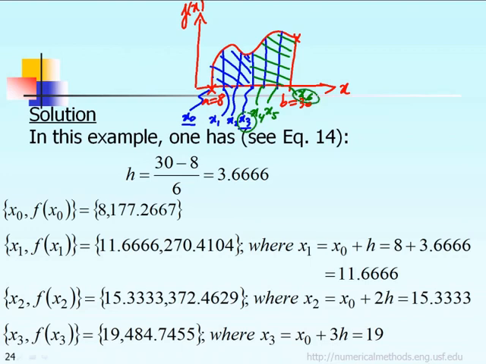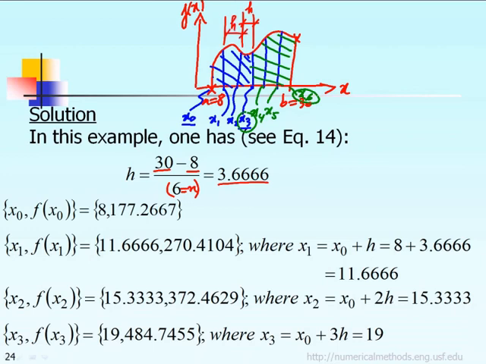Okay, so the first thing we calculate is h equal to b, which is 30, minus a, which is 8, divided by n equal to 6 segments. Immediately you can figure out h equal to 3.66. And that distance h is right here, the same for the other segments as well, since they are equal segments.